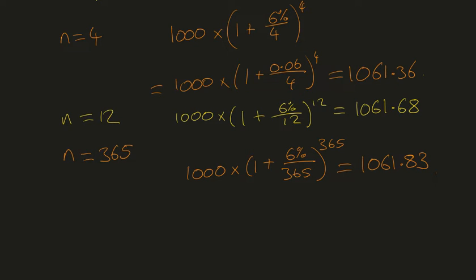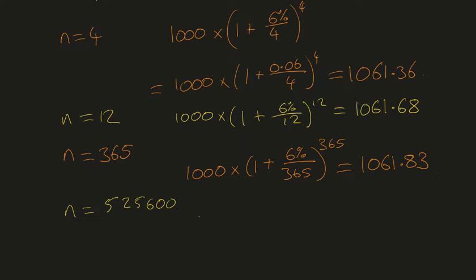And of course, we could go even further. Let's do one more. Let's imagine that we calculated interest every second. Every single second of the year, we were recalculating. Well, 365 times 24 times 60 times 60 would give us 525,600.